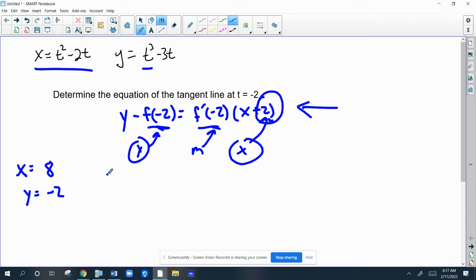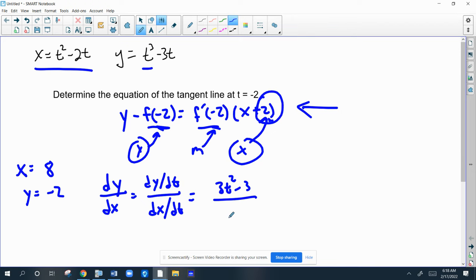The derivative, which we calculated in a previous video, but it's easy, we'll do it again. The derivative of y with respect to x is the derivative of y with respect to t over the derivative of x with respect to t, which is just 3t squared minus 3 over 2t minus 2.